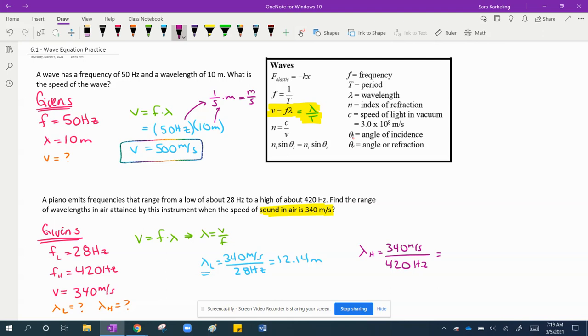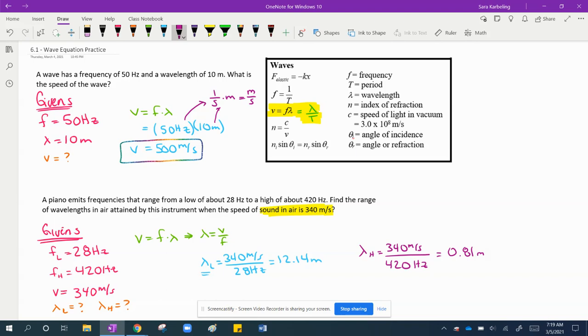The frequency is much, much higher for those high keys on a piano than the low. So we got 340 divided by 420, and that's going to be 0.81 meters.